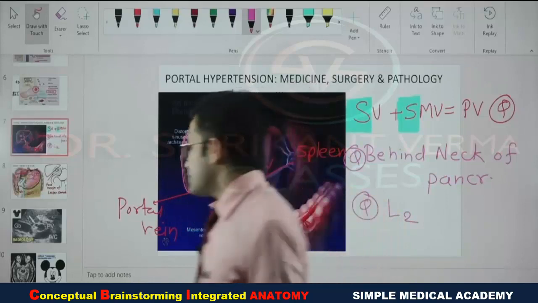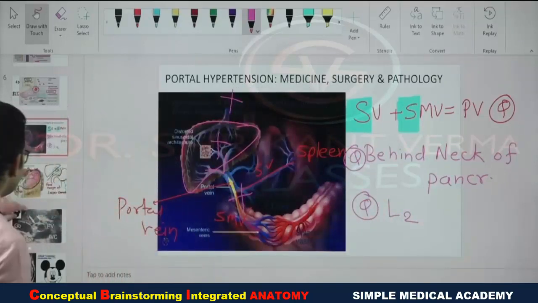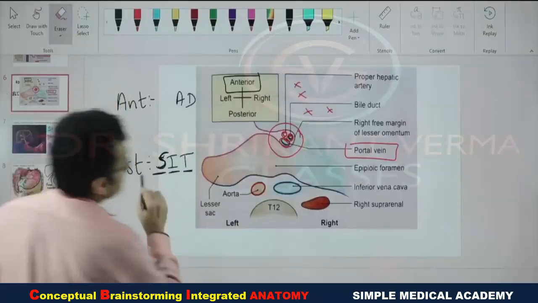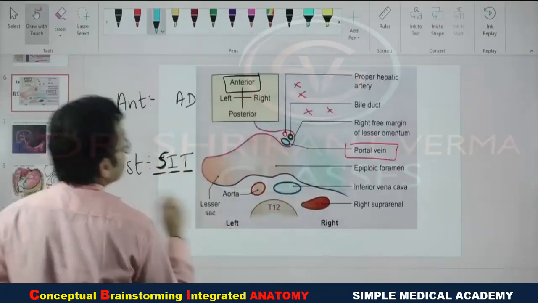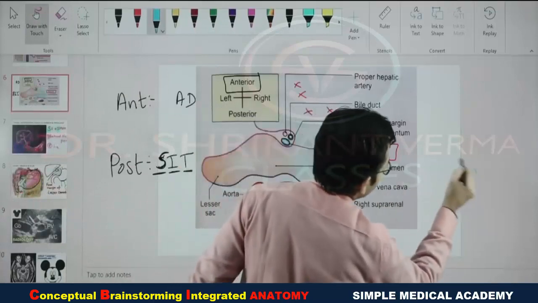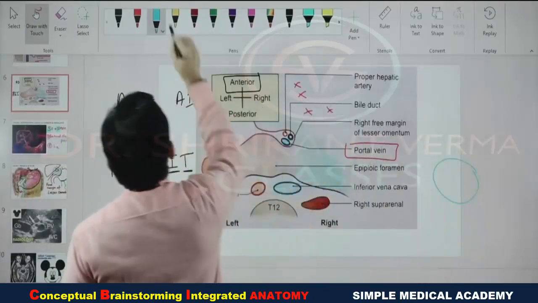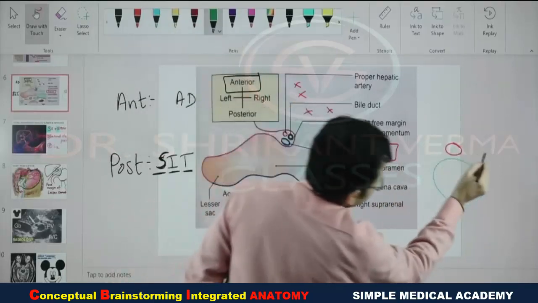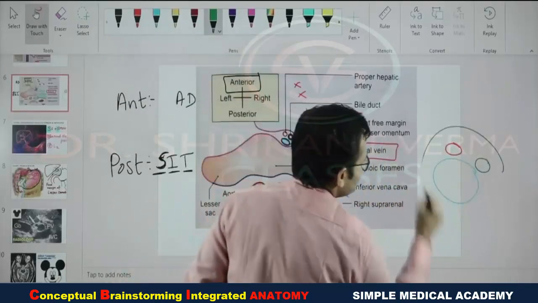So now correlate this topic. Yes, see here, suppose this portal vein is getting enlarged, so it will be drawn in this manner, and the hepatic artery and bile duct will be normal, so it will appear in this way.